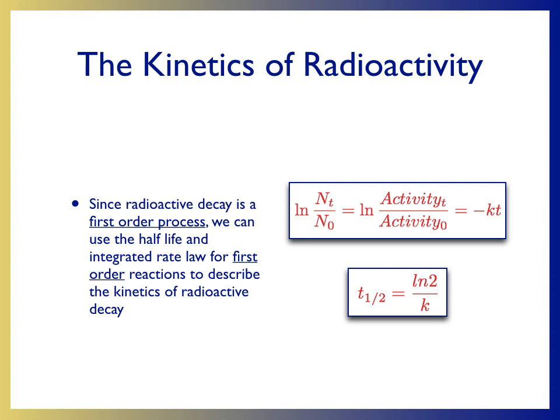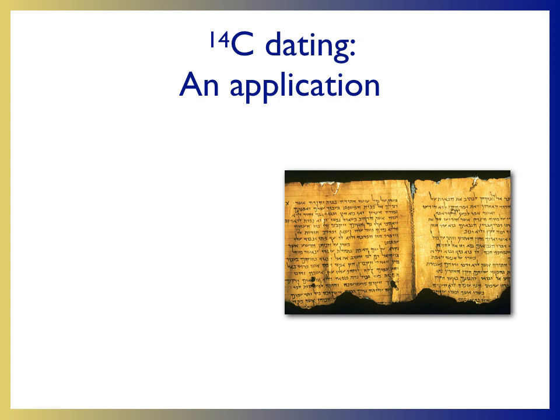We can also, as we did in one of the previous examples, use the half-life equation to get the rate constant for our radioactive decay process. Let's do an application, which is carbon-14 dating.